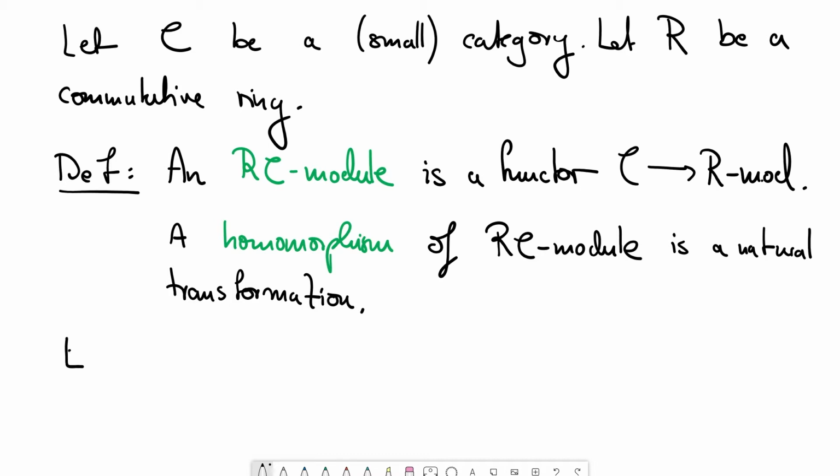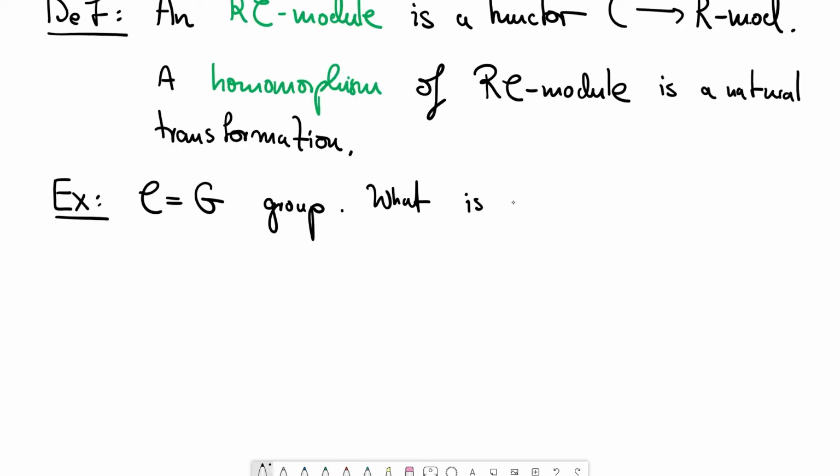And let me put down this example that I mentioned. If C is a group, what is an RC or RG module in that situation? Well, there's only one object in this category. So a functor associates to each object an R module, so there's only one R module around.